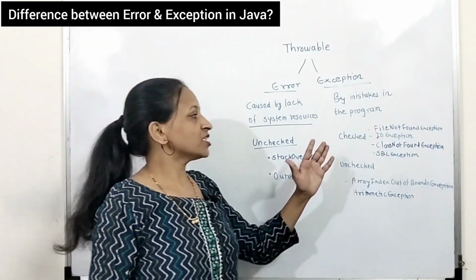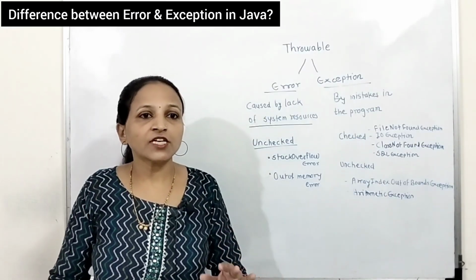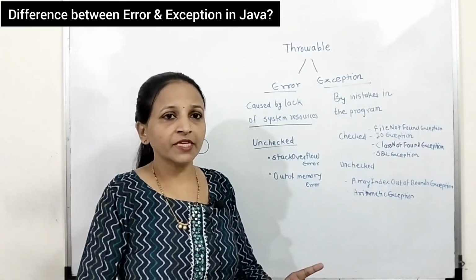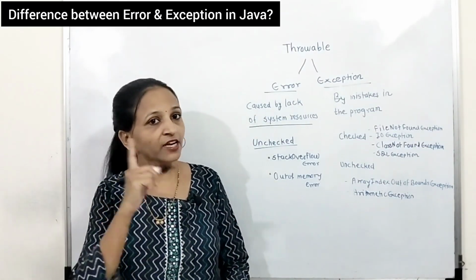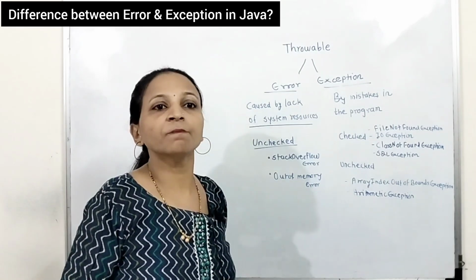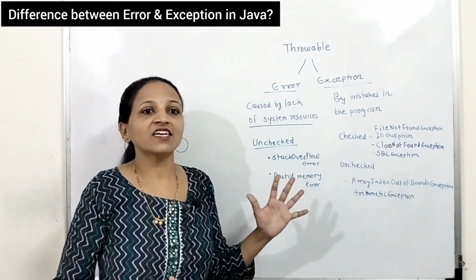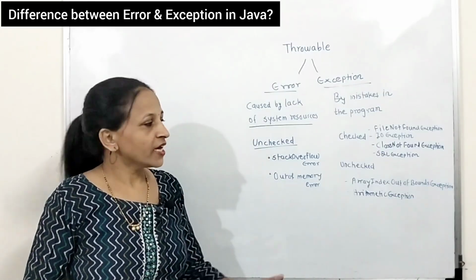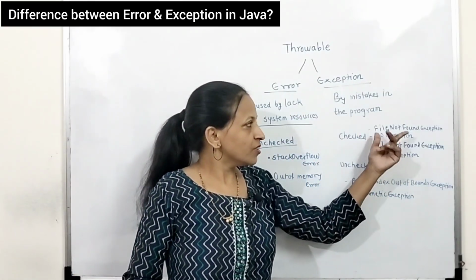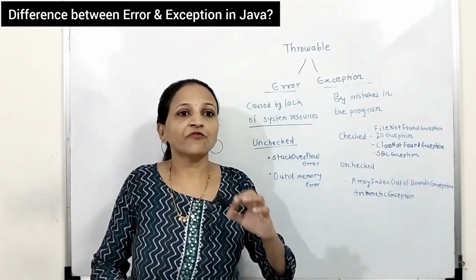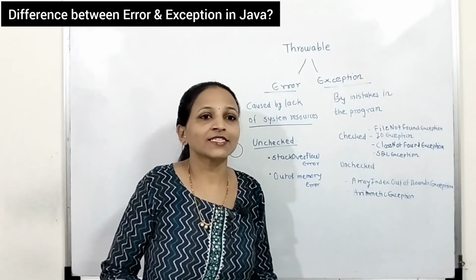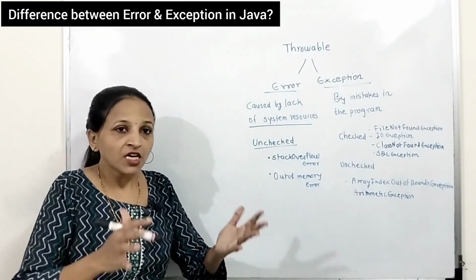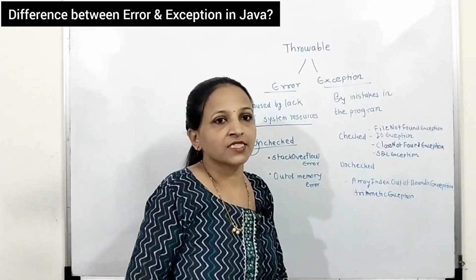Those are nothing but checked exceptions. If there is any possibility of such a type of exception, that will be checked by the compiler at compile time only, and those are nothing but checked exceptions, and the remaining are unchecked. Okay, for example, if there is any possibility of file not found exception, IO exception, class not found exception, these are just examples of checked exceptions.